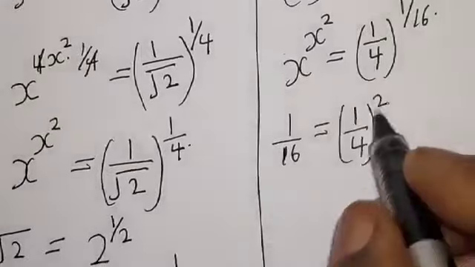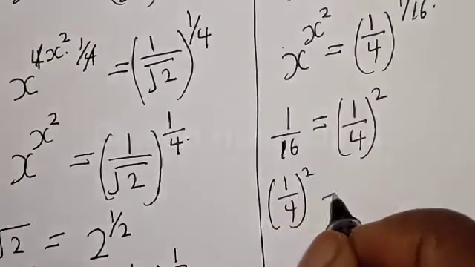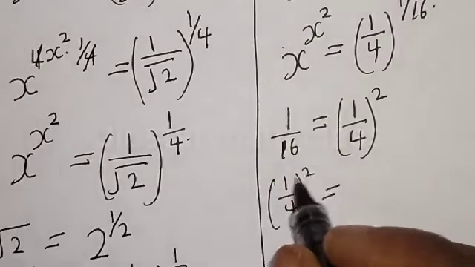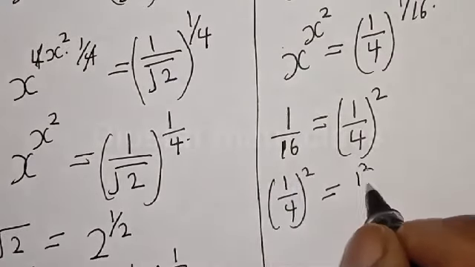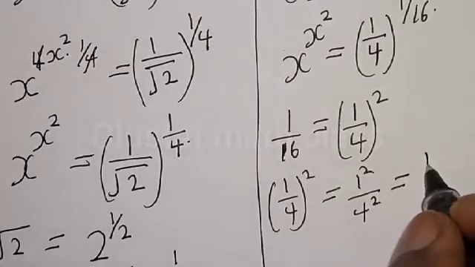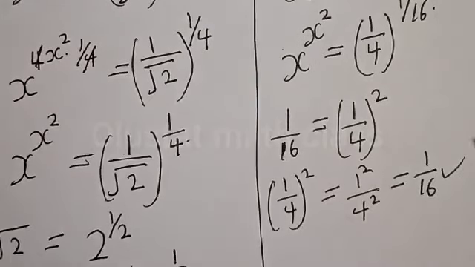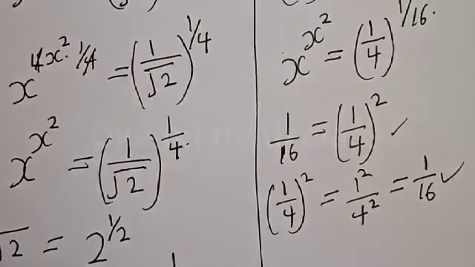That is, if you have 1 over 4 all squared, it's going to be 1 over 16. That is 1 squared divided by 4 squared, which is going to give you 1 divided by 16 back. Now, let's substitute back into the equation.